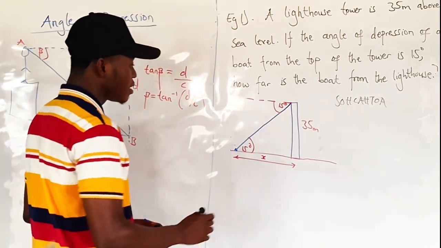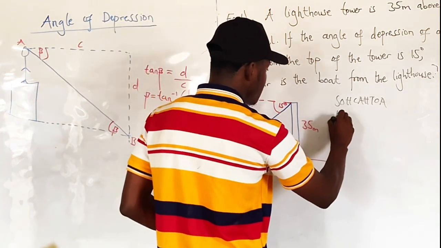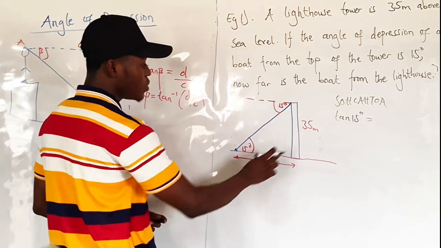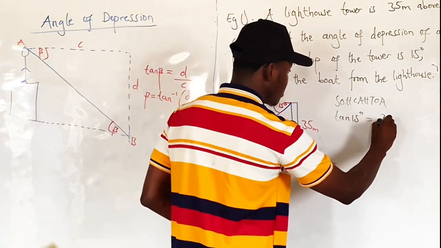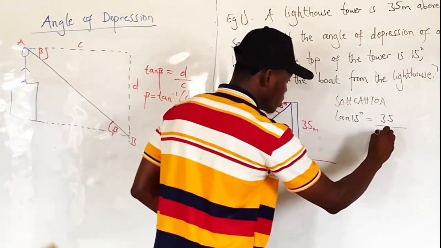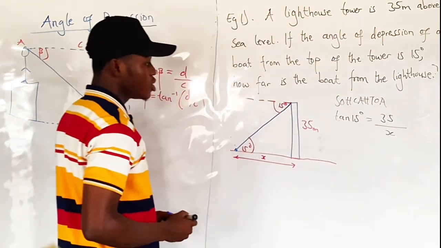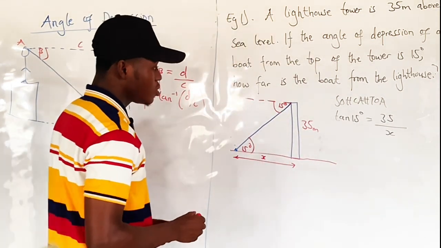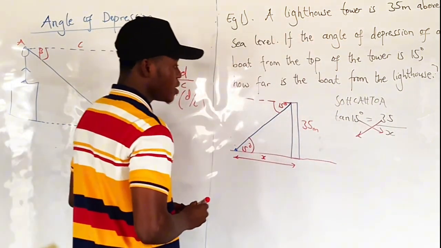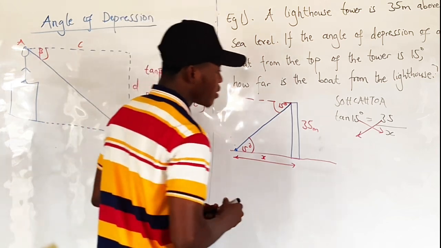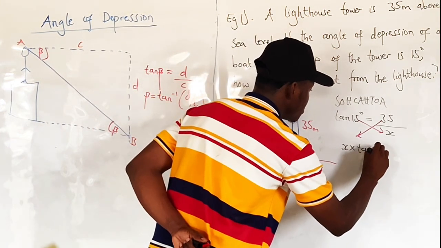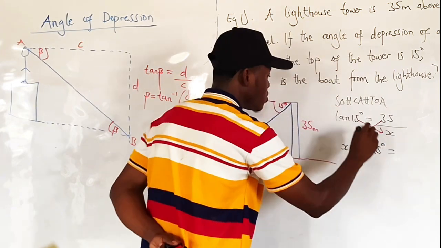So therefore, tan 15 degrees is equal to opposite, which is 35 meters, over the adjacent, which is x. How do we solve for x? From here, we cross multiply, and we have x times tan 15 is equal to 35.